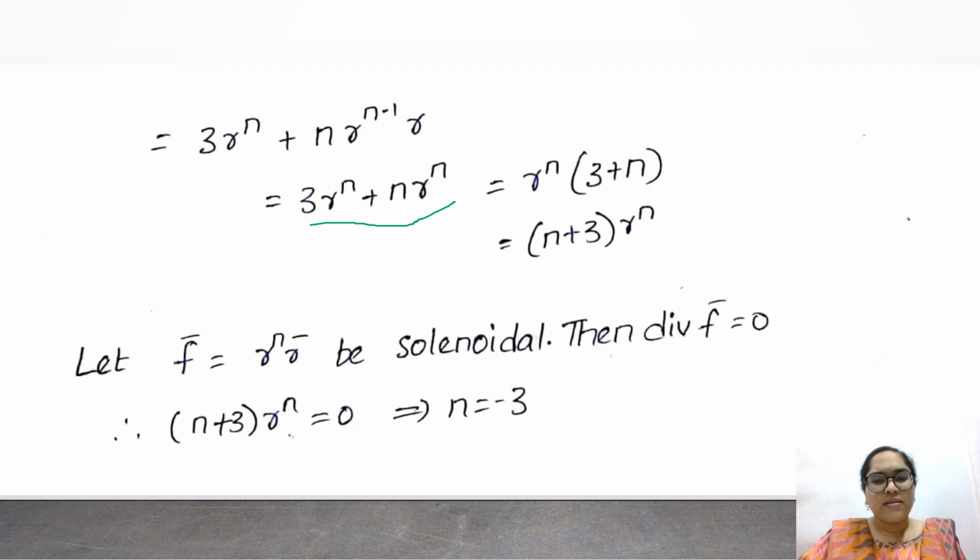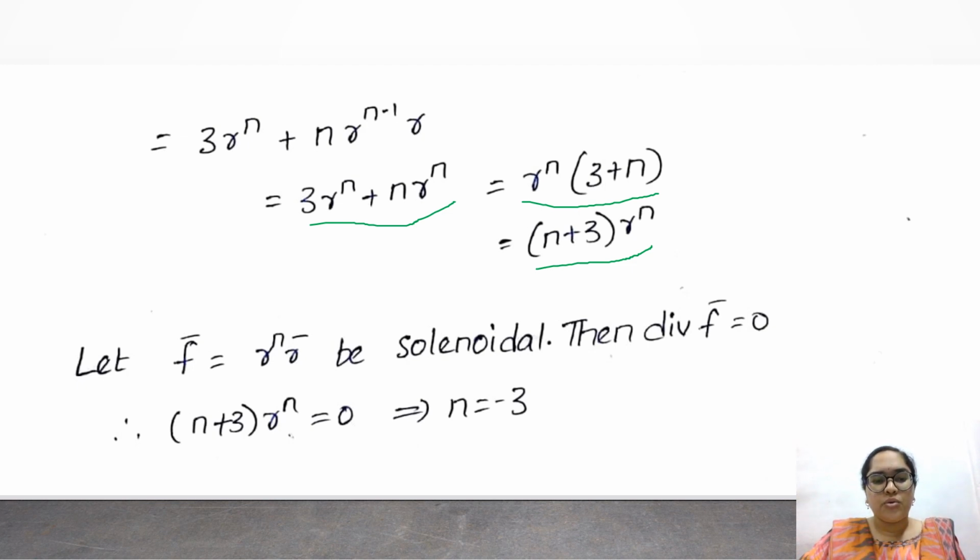So here we have 3 into r power n plus n into r power n. We take r power n common from both and write it as r power n into n plus 3, or 3 plus n; these two are the same. We wrote n first because that is how it is given in the question.